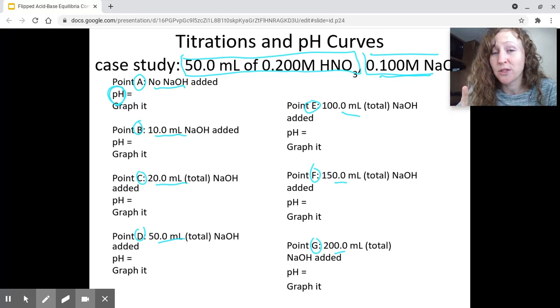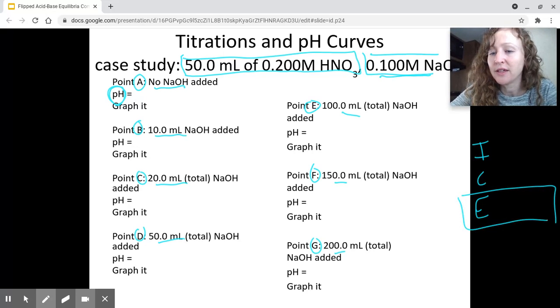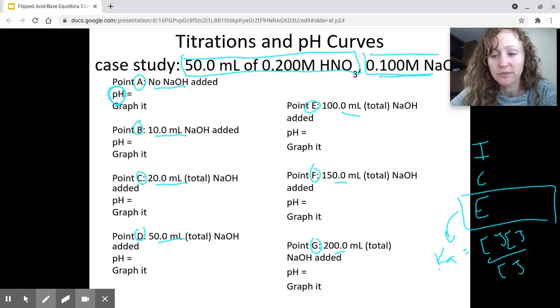Okay, one other word to the wise before we actually get started on this. Remember, when we're dealing with ice charts, we take our final thing and we plug into Ka, right? Well, when you're dealing with Ka, you must be dealing in concentration.